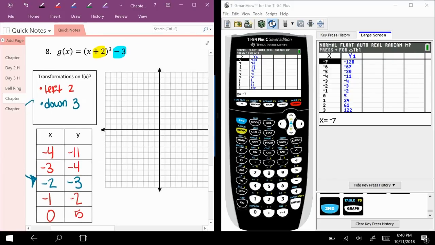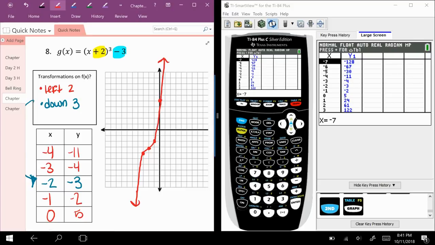So I'm going to go ahead and graph that now. -2, down 1, 2, 3. And then I'm going to have these ones. And then I'm going to have 0 up 5, 1, 2, 3, 4, 5. And then I'm going to have -4, 11, which is somewhere down here. And go ahead and graph that out.